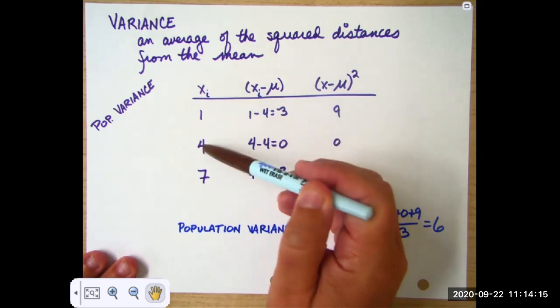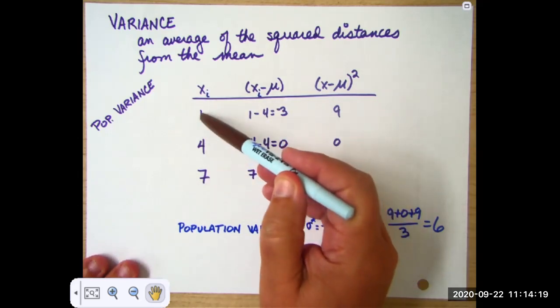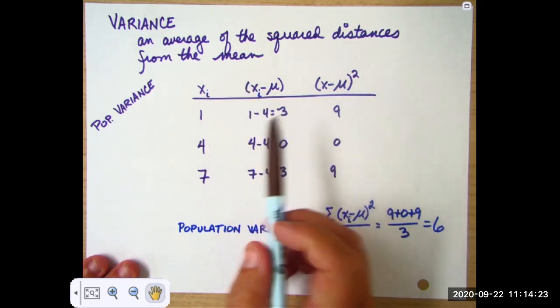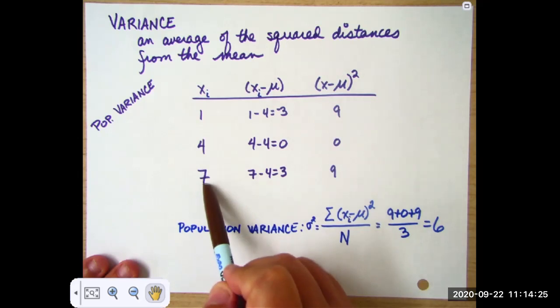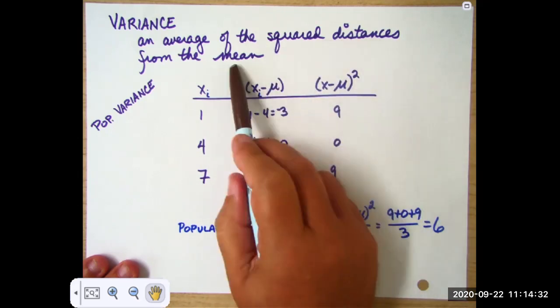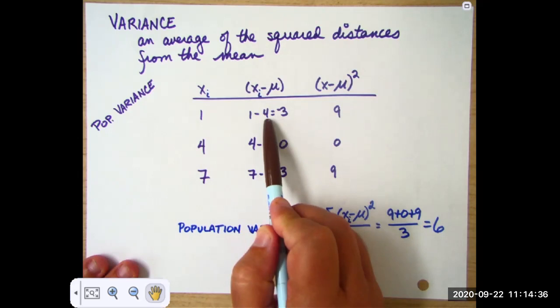Here's my data set, 1, 4, and 7. These are my x sub i's. This is x sub 1, x sub 2, and x sub 3. The average, if you add these up and divide by 3, you get 4. So I need to find the distances from the mean.